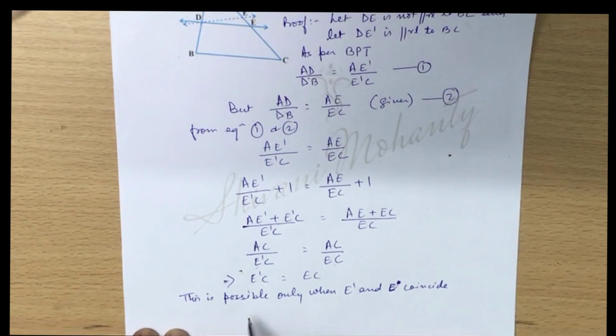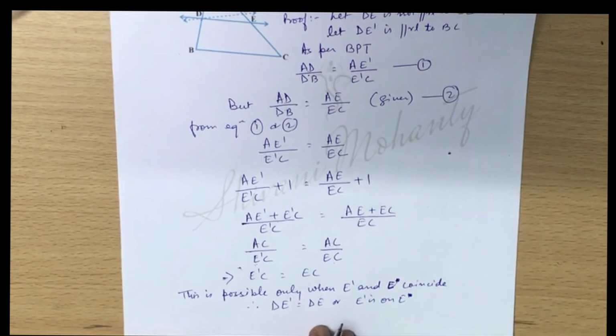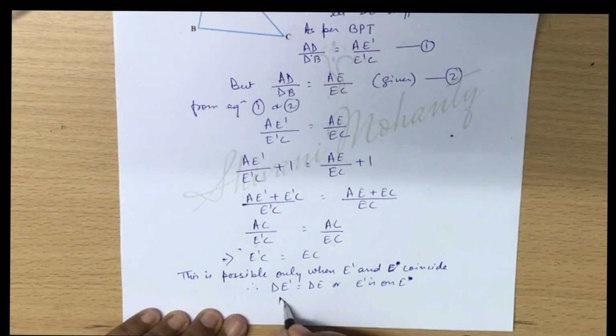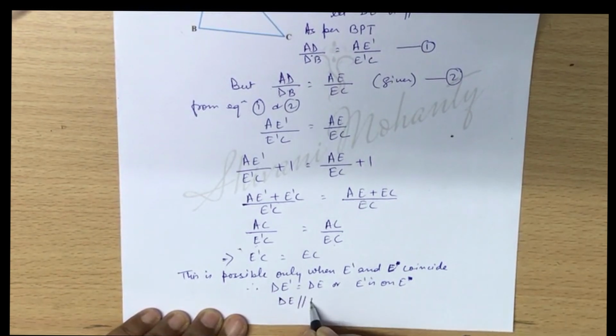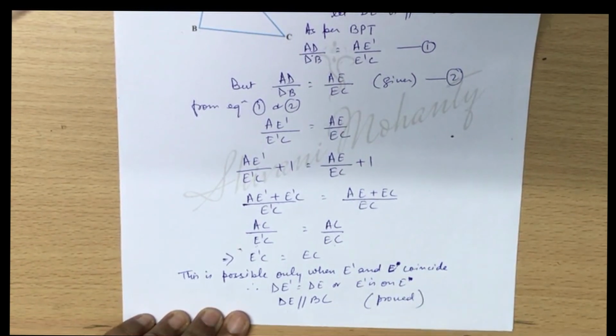If they coincide, then DE dash is equal to DE, or E dash is on E. So I can say that DE is parallel to BC. So this is proved.